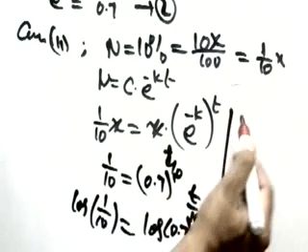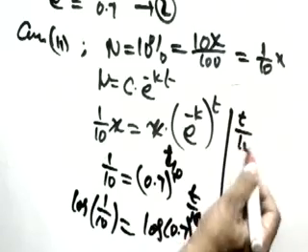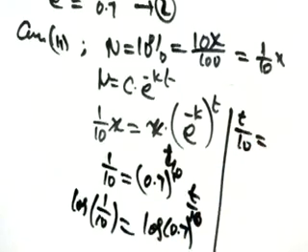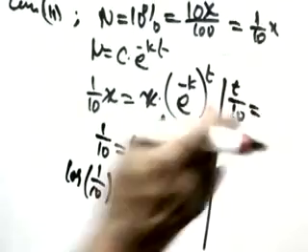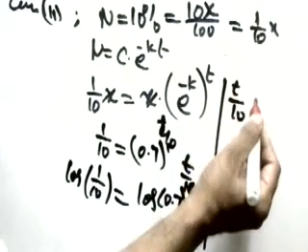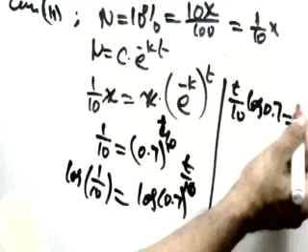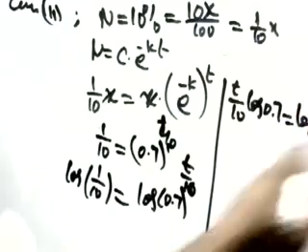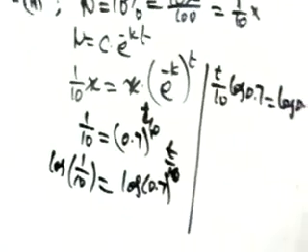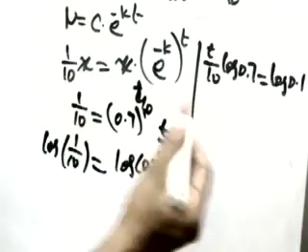See here, this t by 10 will come here. T by 10 log 0.7 equals log of 1 by 10, which means 0.1.